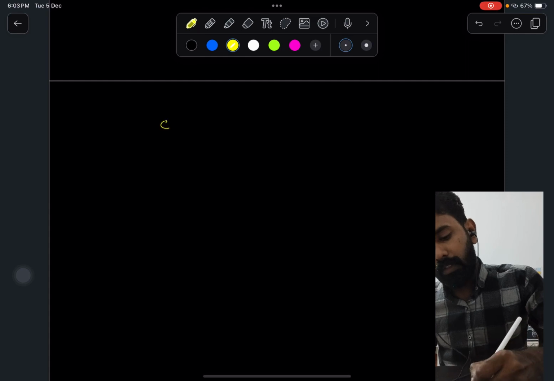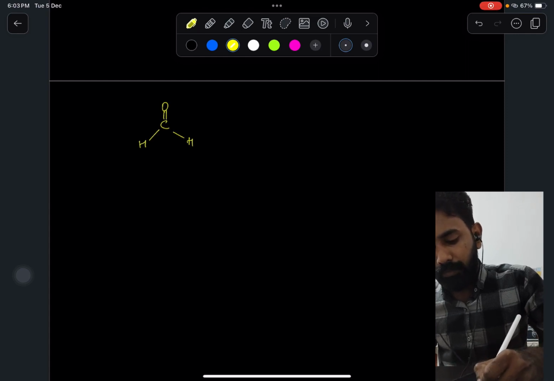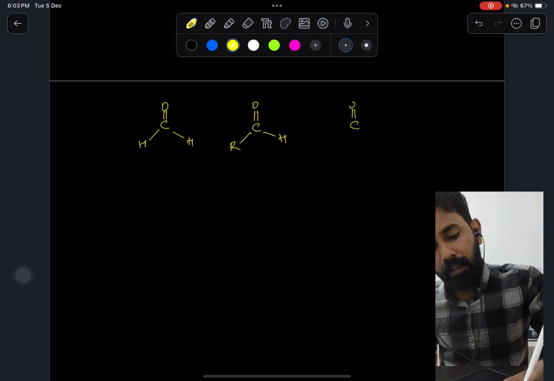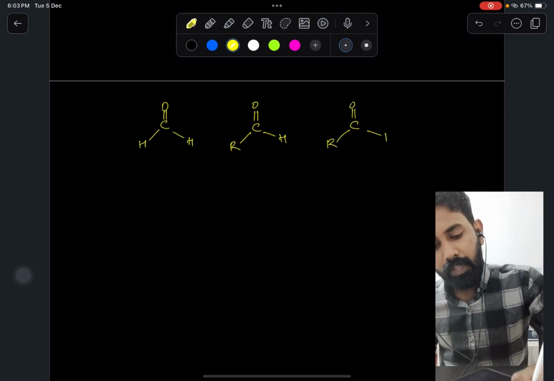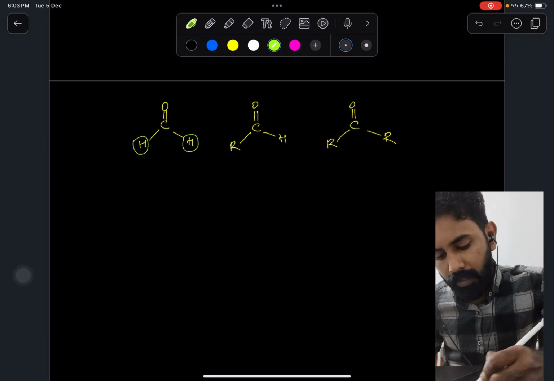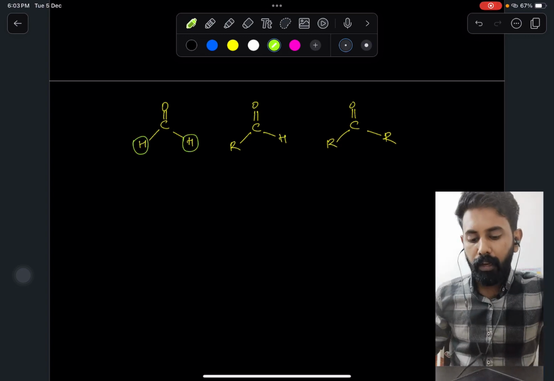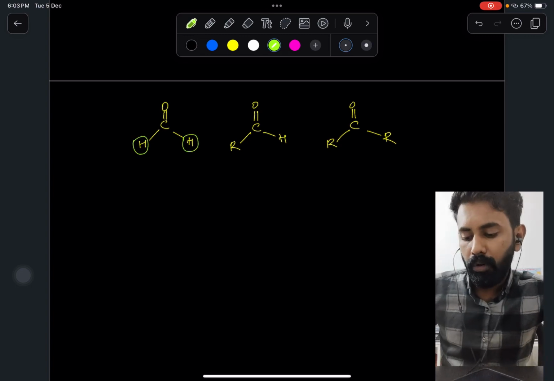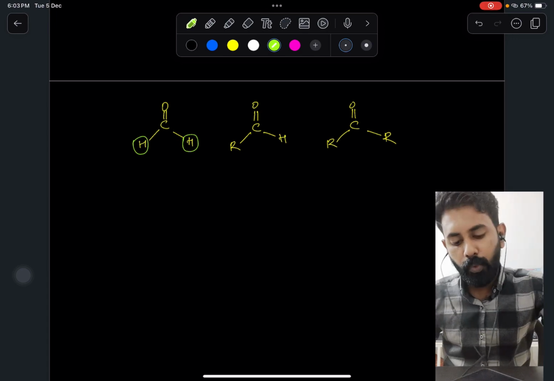Now let's just combine a few aldehydes and ketones here. We are having three different compounds. One is this aldehyde, the other is a second aldehyde, and then a ketone. See, in the first case, there is only a hydrogen atom, which won't make the molecule bulkier, and it is not an electron releasing group as well.